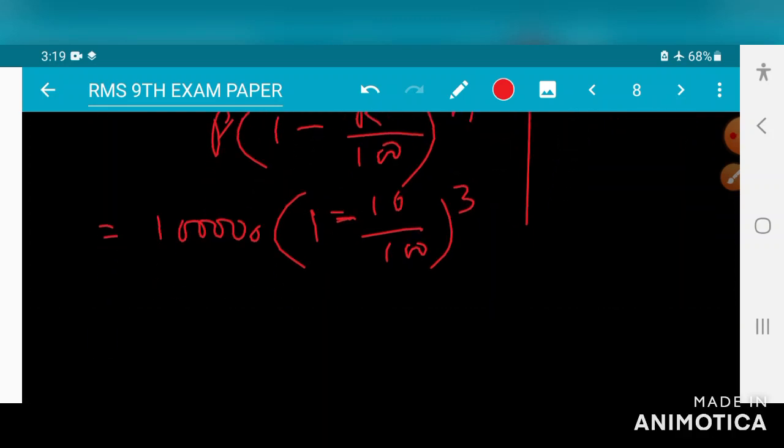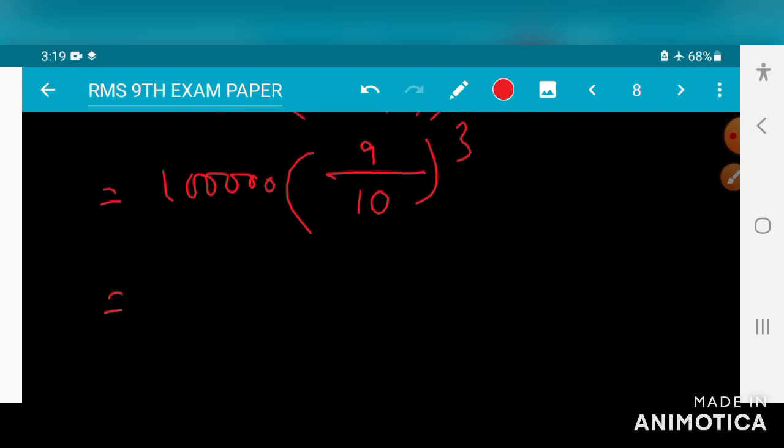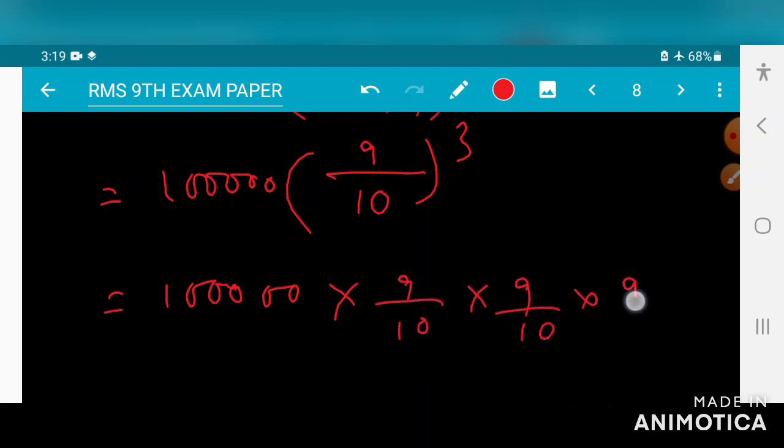So 1 lakh into, this zero gets cancelled, 1 minus 1 by 10, taking LCM 10, so 10 minus 1 is 9 by 10, to the power of 3. So 1 lakh into 9 by 10 into 9 by 10 into 9 by 10, 3 times.